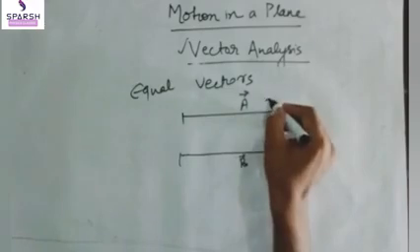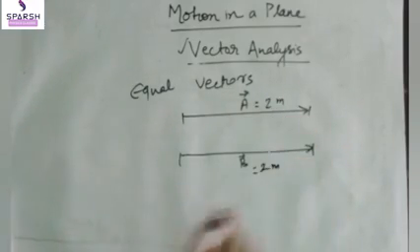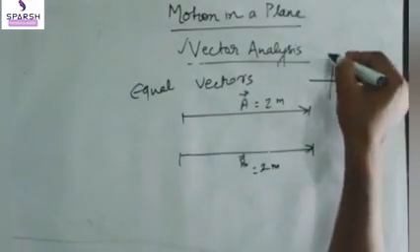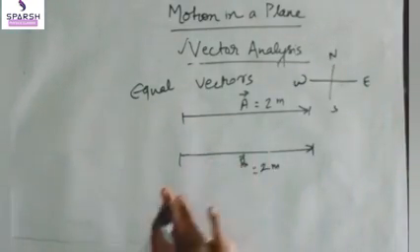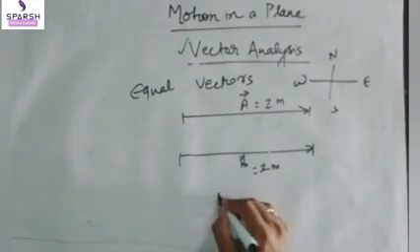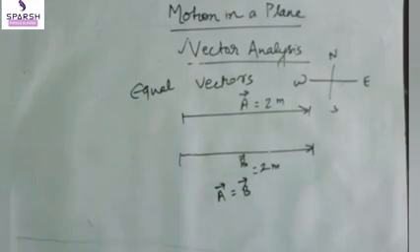If this is of 2 meter, then this must be of 2 meter, and their direction must be same, like N, E, S, W. So both vectors are facing eastward, so therefore vector A is equal to vector B.